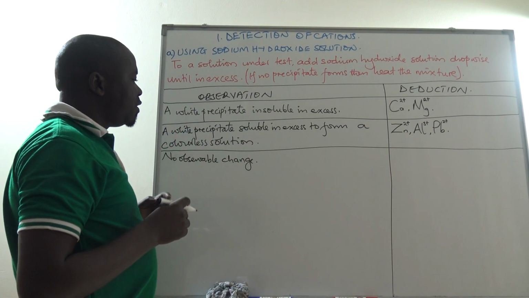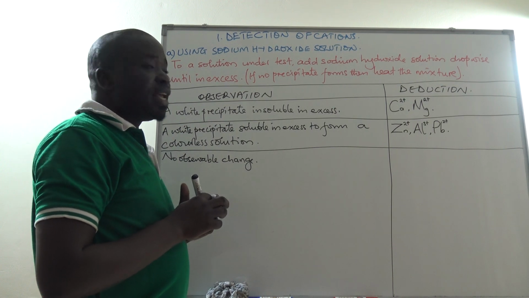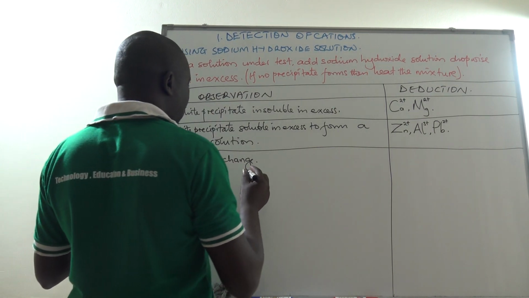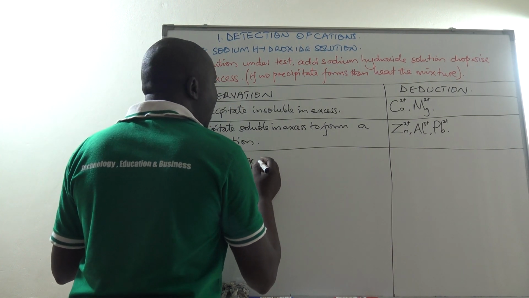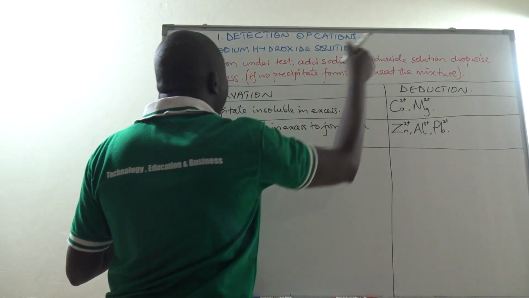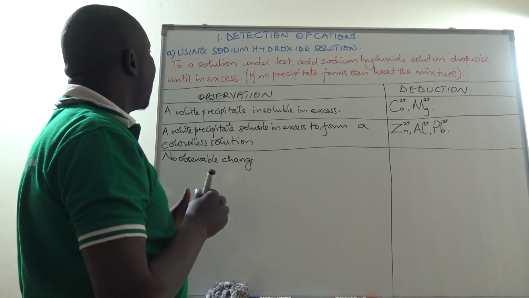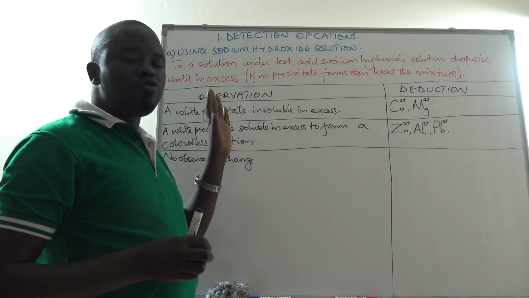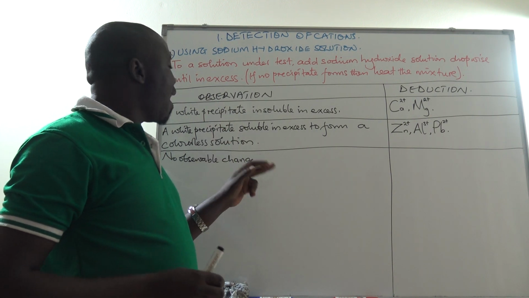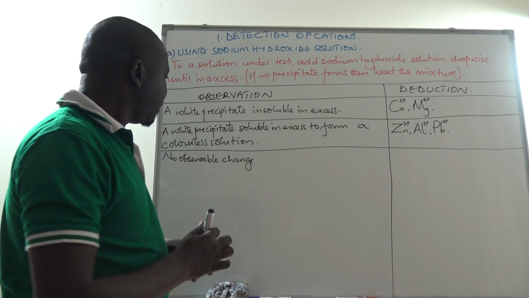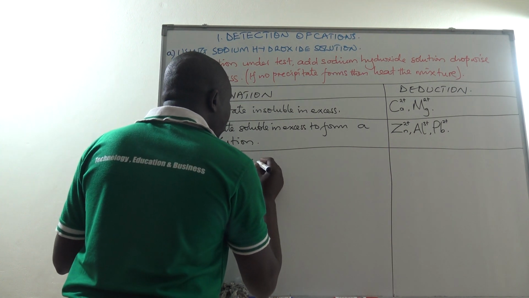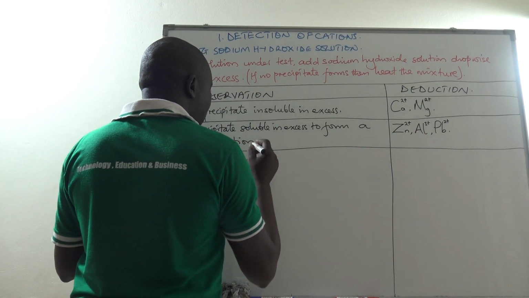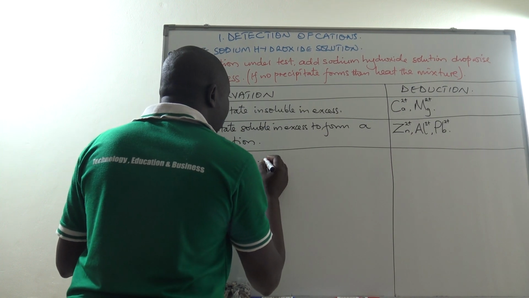If no observable change, that means if no precipitate forms, then you need to heat the mixture, and that's what the instruction will say, that to the solution you add sodium hydroxide solution dropwise until in excess, and you heat the mixture. So no observable change, this is one of our observations.